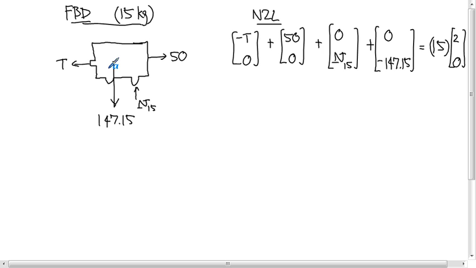What we're trying to solve. Yep. So this vector here is the force on the cart, or let's say the force on 15 by the ground. So if we can figure out what this N15 is, then we can solve this.